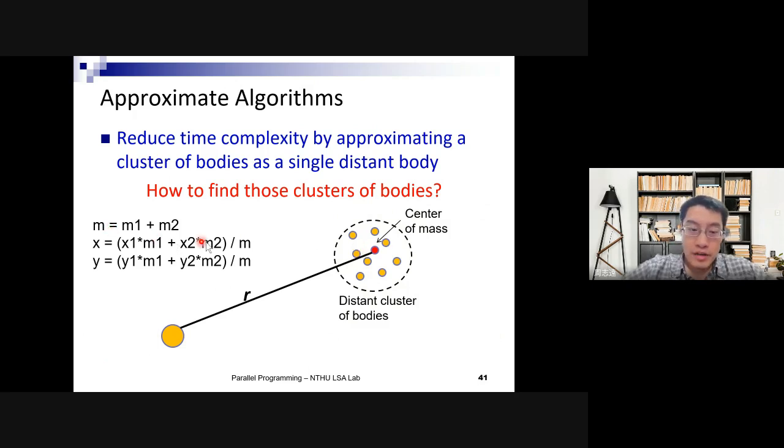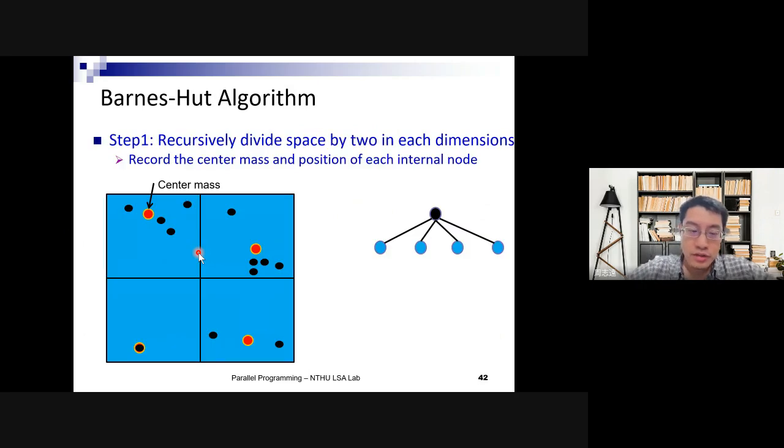Okay. All right. So I think everybody knows how to determine the mass center of a set of objects, right? This is from the high school science class. Okay, with that concept in mind, for those simulators, they basically try to recursively determine how we could approximate those objects according to the relative distance to the one we are going to compute.